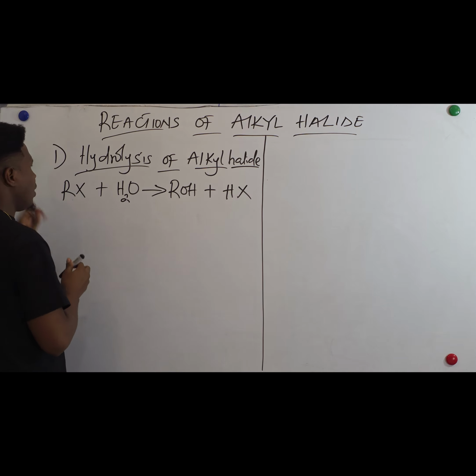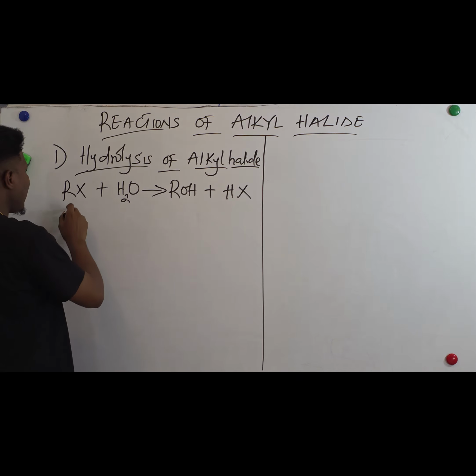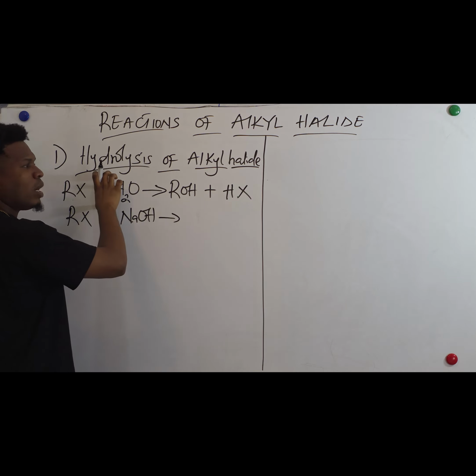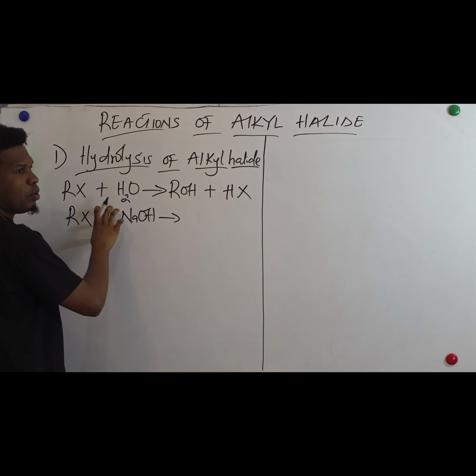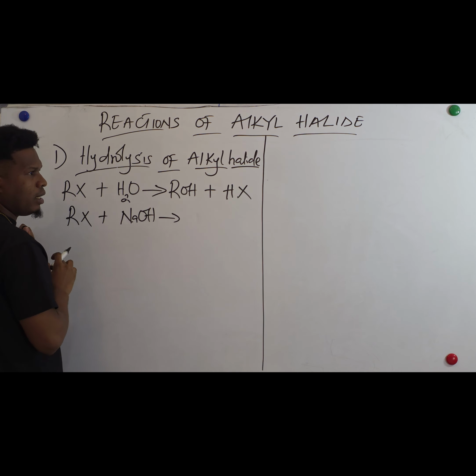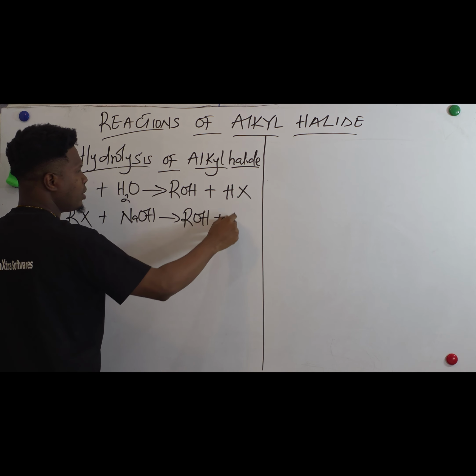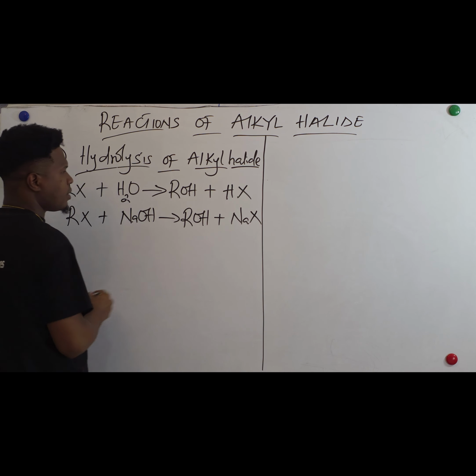Okay? Now, the other hydrolysis can be alkaline hydrolysis, if you use sodium hydroxide. This first one is a slow process, okay? This is very fast. This one is faster than this. Look at the kinetics of this reaction. So for this hydrolysis, you end up having the same alcohol, but this time around you have NaX, right?